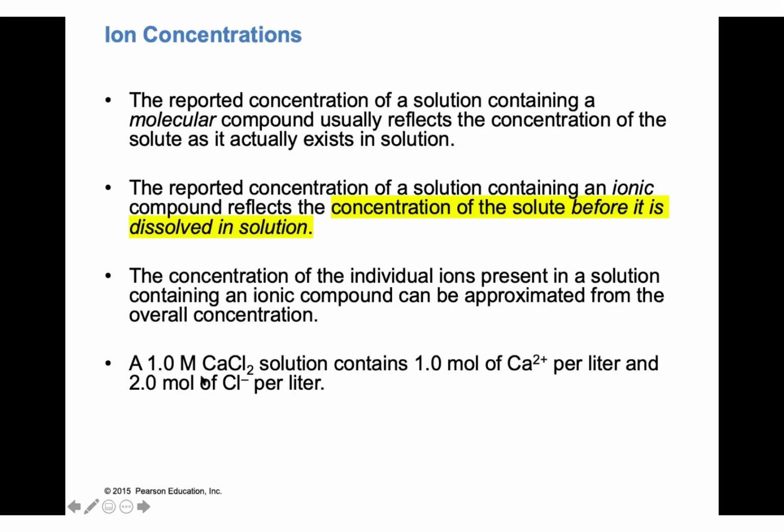If the subscript is 1, the concentration of the ion will be the same as what is given for the compound, which is 1 molar. So the concentration of calcium is 1 molar, or 1 mole of calcium 2 plus per liter.